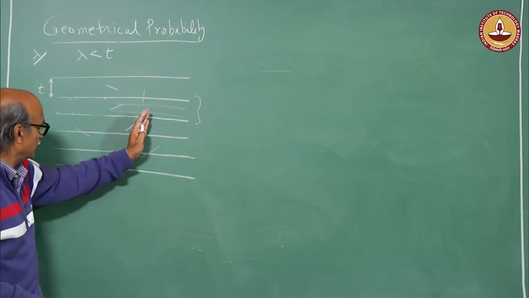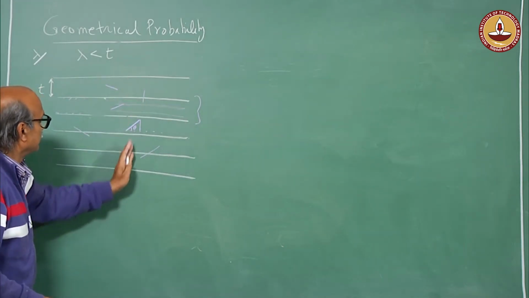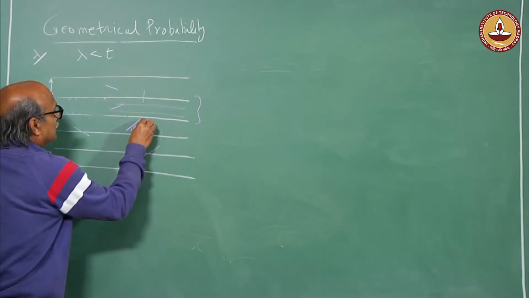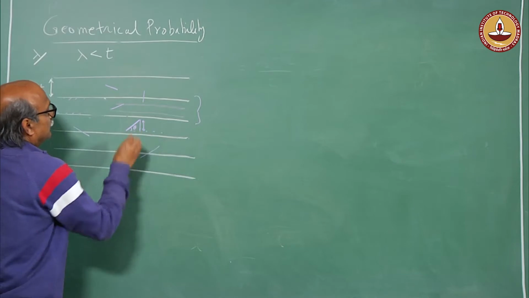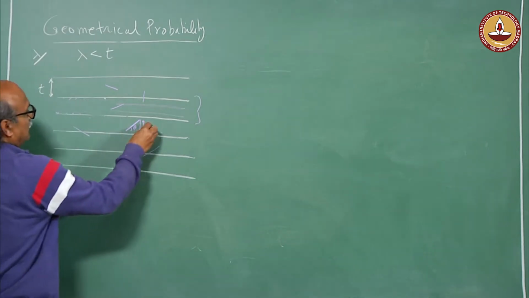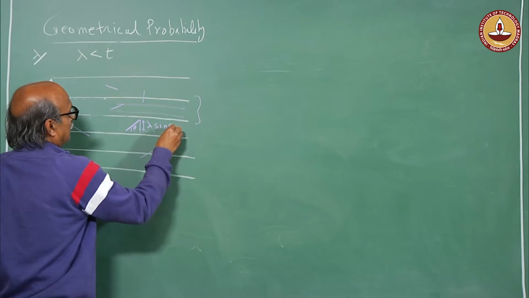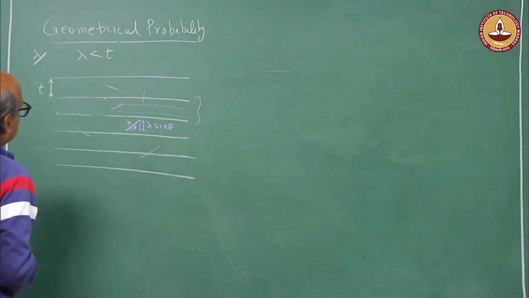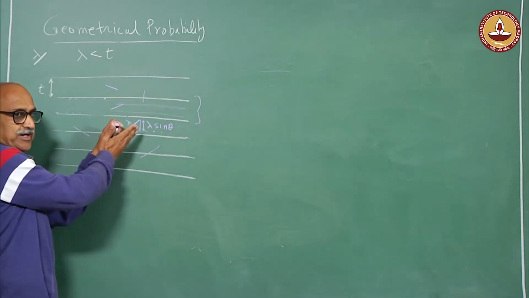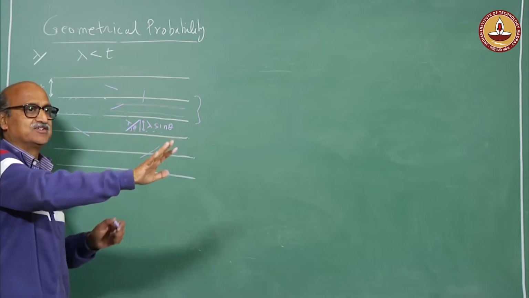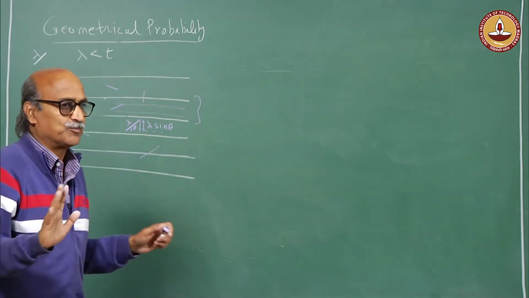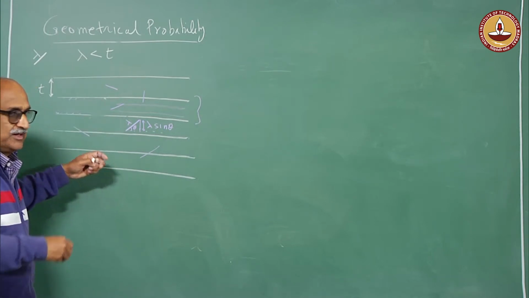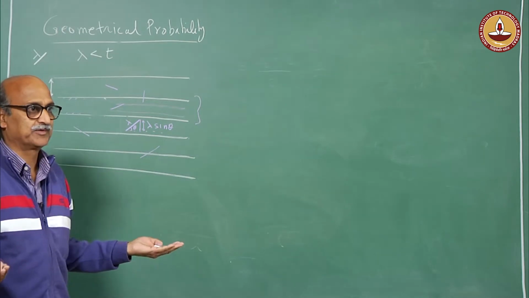Okay, if I take a projection perpendicular to these grid lines, what would be this length? This length is simply lambda sin theta, right? Suppose the needle is constrained in such a way that it always falls at a fixed angle theta. Then what is the probability of this needle intersecting one of these lines? It is lambda sin theta upon t, right?